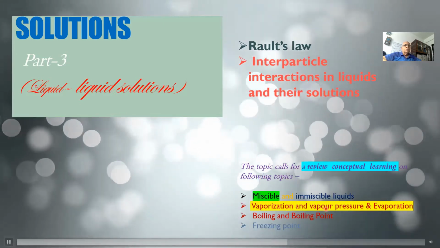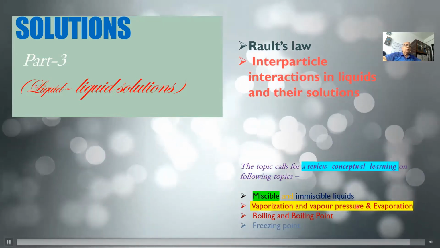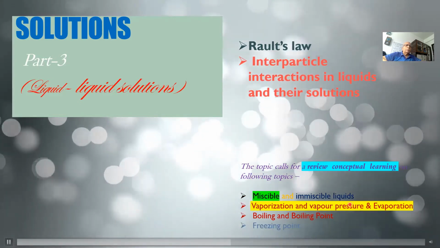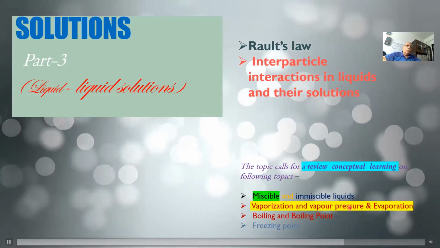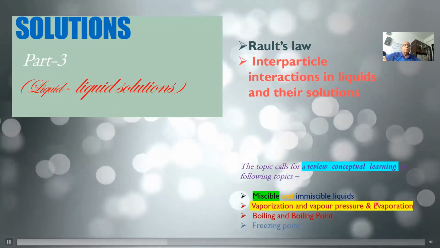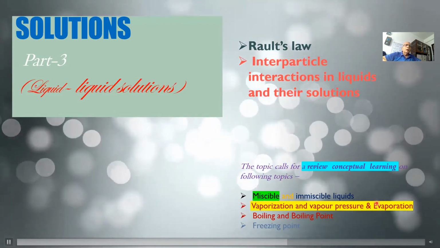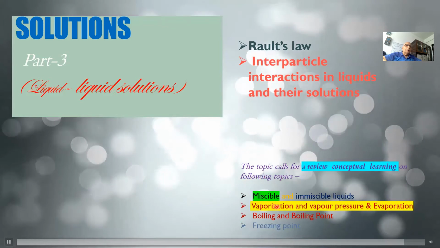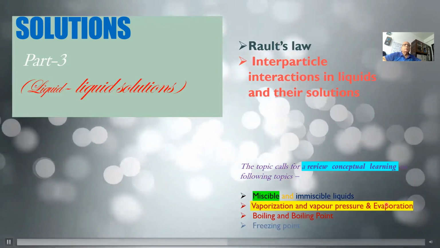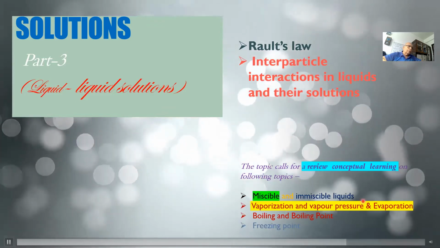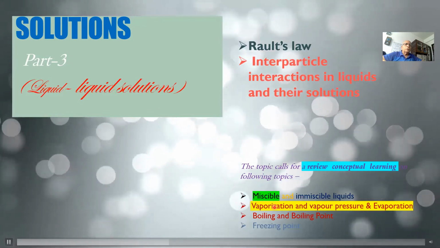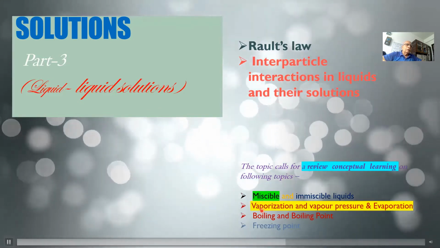But during this process, there comes into existence vapor pressure, and we need to understand it. What is meant by vapor pressure? What is the difference between vaporization and evaporation? In a broader sense, it appears that vaporization and evaporation are two similar terms, but still there is a difference. What is that difference? We have to understand.